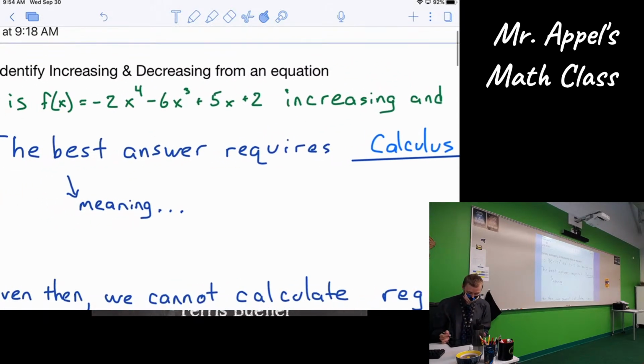Now when I say best answer, the best answer requires calculus, I'm really meaning the most accurate, in a sense, again, compared to just looking at it on the graph.